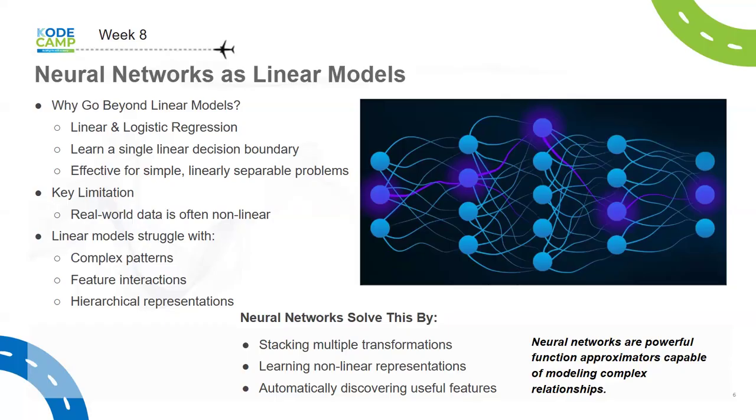If the function is curved, like when you are trying to do a line of best fit, the actual line is not straight, but your y equals mx plus c is a straight line. So it's approximating that function. It's not giving you the exact relationship between the x and y values. That's what we call a function approximator.